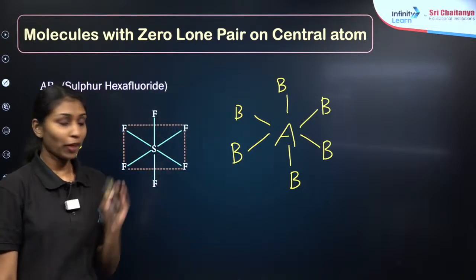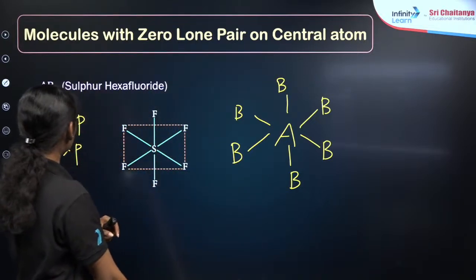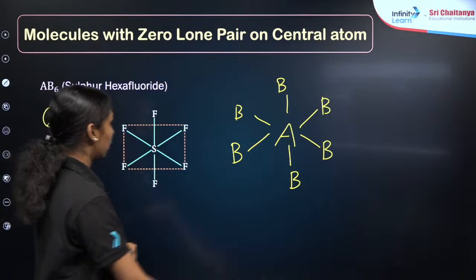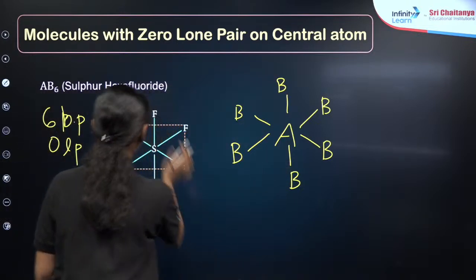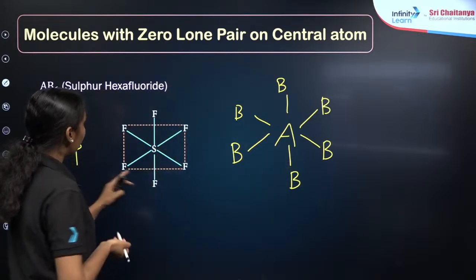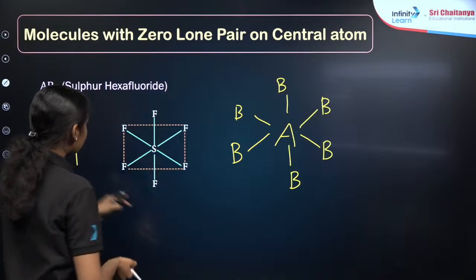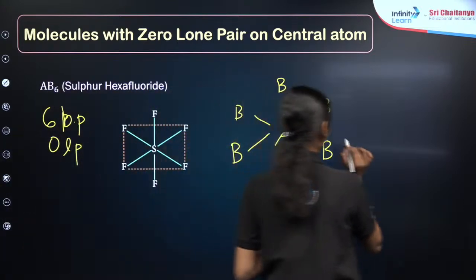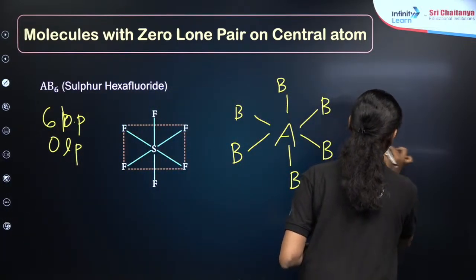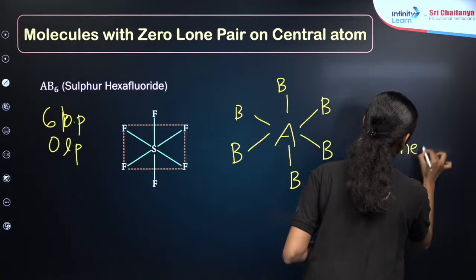This will be the shape of AB6 molecule having the bond angle of 90 degree, right? Okay, my drawing is not perfect. As you can see here, it will be 90 degree. Then, example is SF6 having the shape of octahedral, right? Clear?